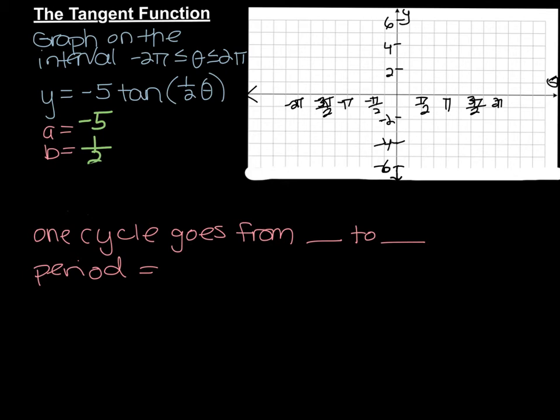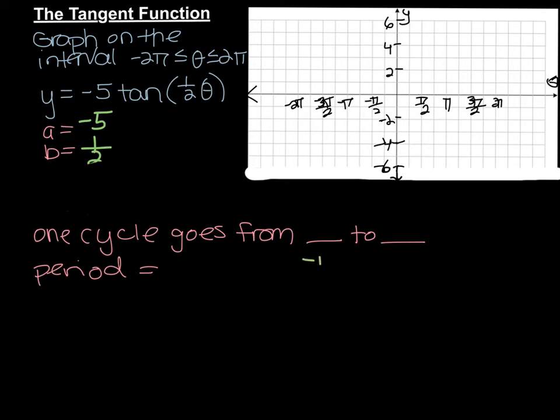Now for the tangent function, we're concerned about where there are asymptotes, where one cycle goes from what to what, and what the period of the function is. We also need to know the a value so that we can figure out some of the points on the graph. Now the asymptotes are basically where the cycle goes from. The cycle goes from negative pi over 2b up to positive pi over 2b.